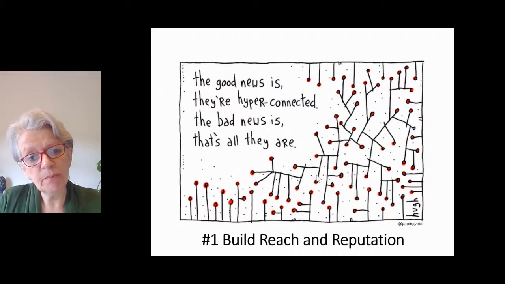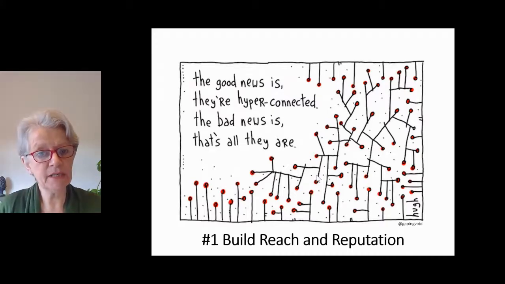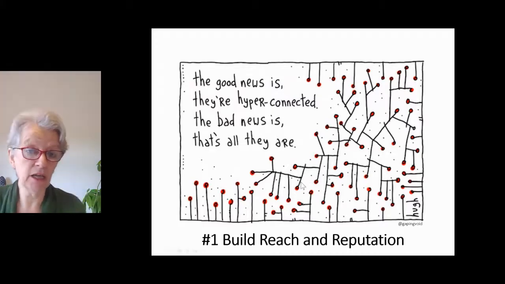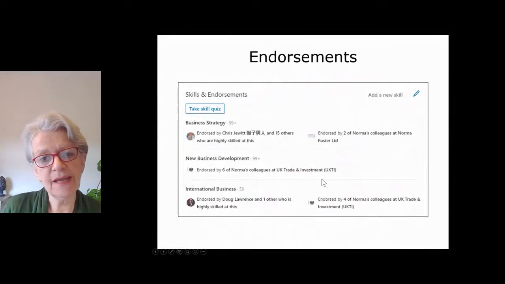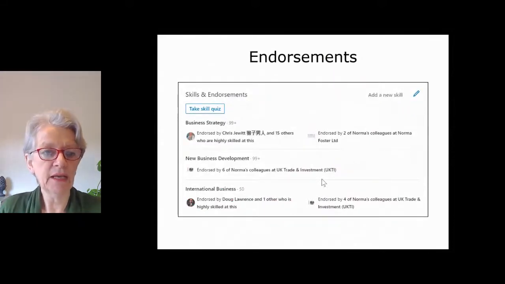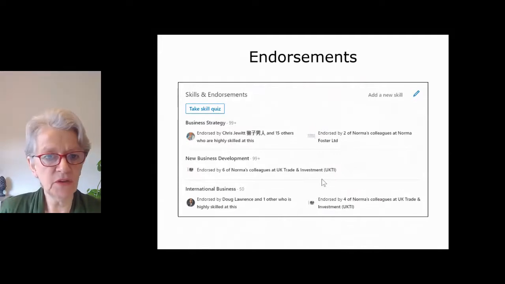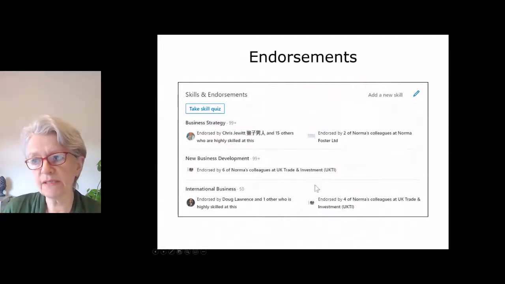So in order to build this reach and reputation to become a star, an all-star networker on LinkedIn, we need to understand, now that we've got that all-star status, how we can get our LinkedIn profiles performing even harder for us.